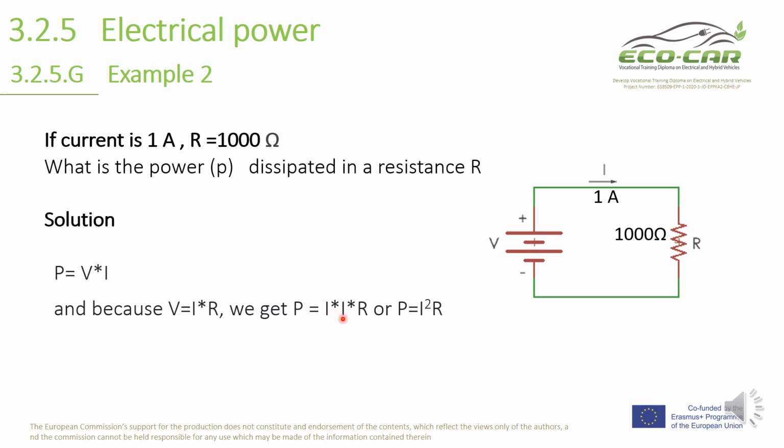We know that the current is 1 amp and R is equal to 1000, so the formula for the power is I squared R. So 1 multiplied by 1 multiplied by 1000. The power is 1000 watts, which is equal to 1 kilowatt, which is the power dissipated in this resistance when we apply a voltage across it and deliver 1 amp in this circuit.